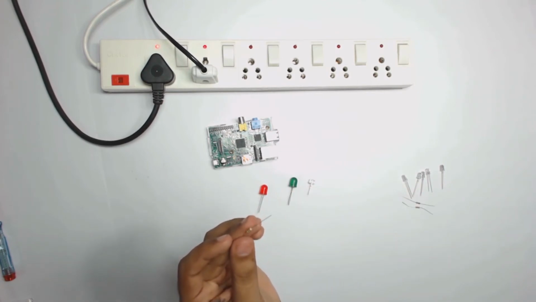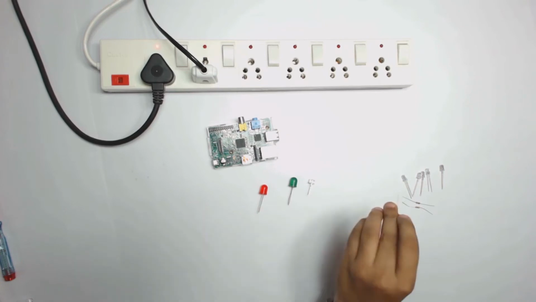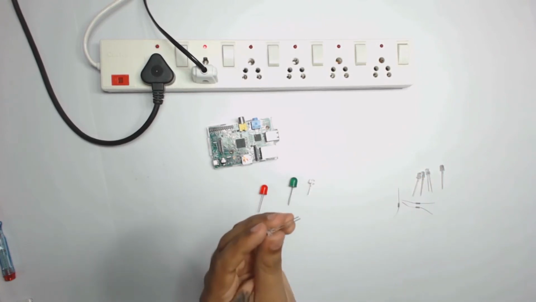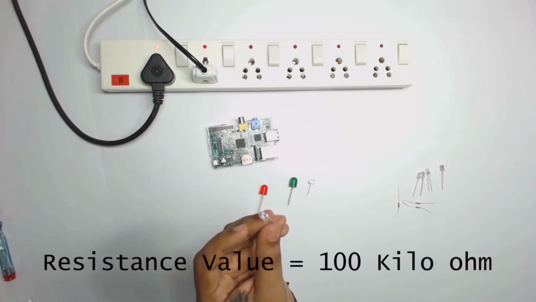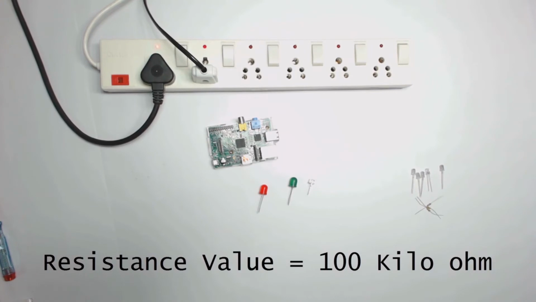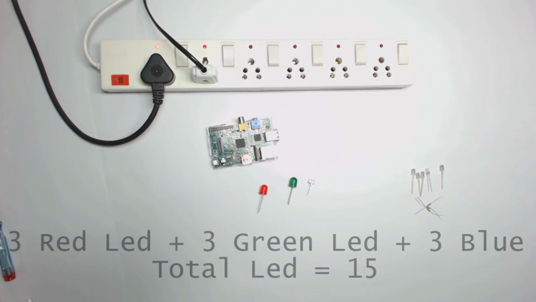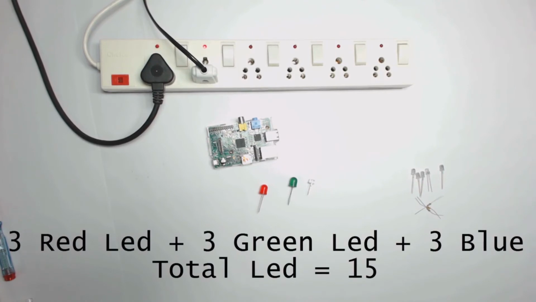This resistance is not required. And if you are getting smaller ones, then you need a resistance of 100 kilo ohms. We need 5 red, 5 green and 5 blue LEDs. If small LEDs, then 15 resistances and 15 LEDs.